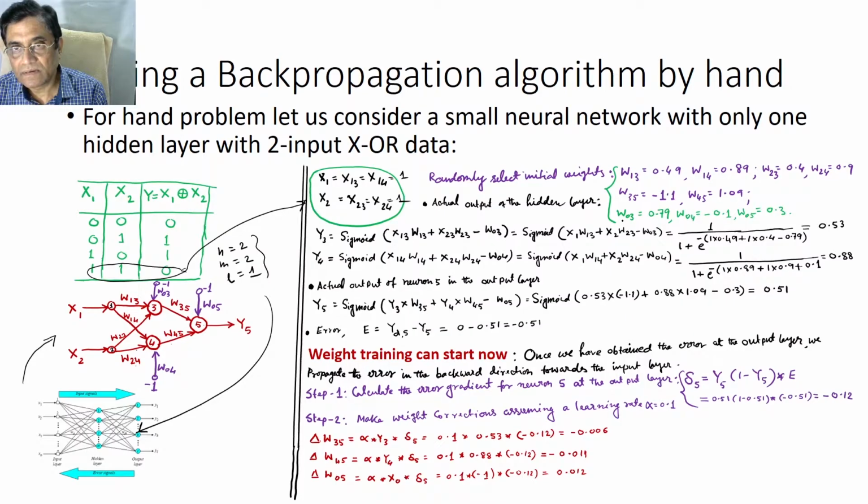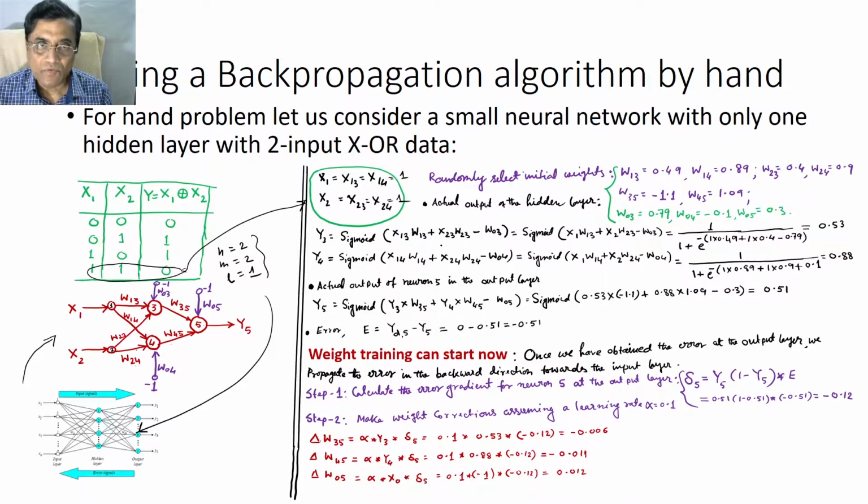Then these are our threshold parameters: W03 is 0.79, W04 minus 0.1, W05 0.3. It need not be this, you can select your own. Initially these are the values. So all the network parameters have now been assigned random values like this.